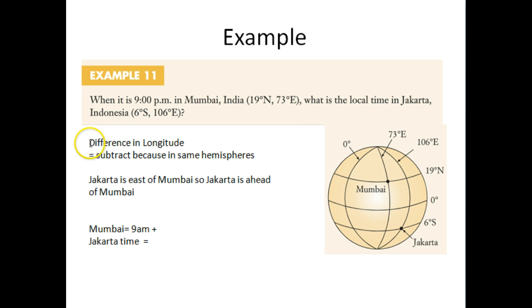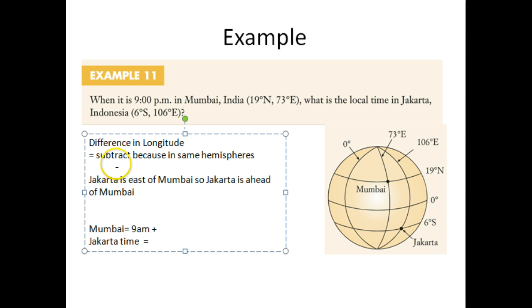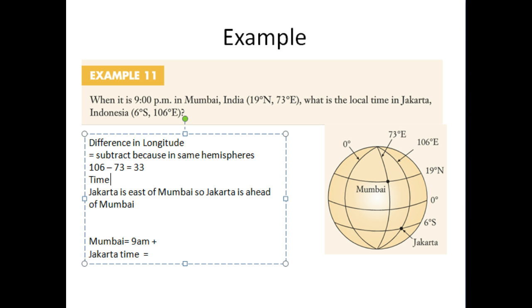Remember from before, the first thing we need to do is find the difference in longitude. This time they're in the same hemisphere, so I'm going to subtract. 106 minus 73 gives me 33 degrees. Next I need to do the time, so 33 degrees divided by 15, which gives me 2.2.